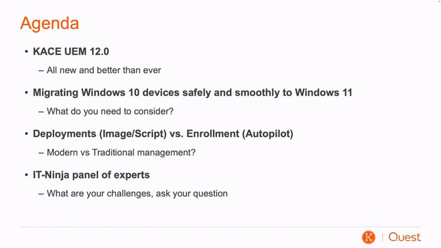At the end, we have our IT Ninja panel of experts. That's a moment where you can ask your questions, where we read out the questions you put in the chat, and where you can share comments about how you may have already done this, or what your current plans are for this migration.